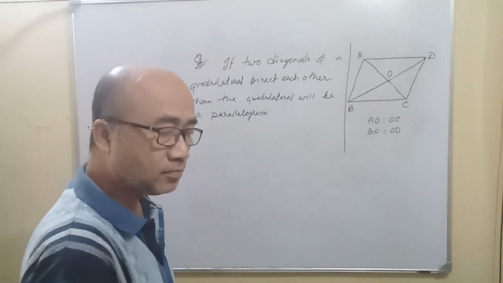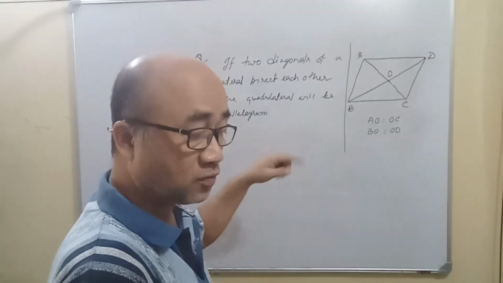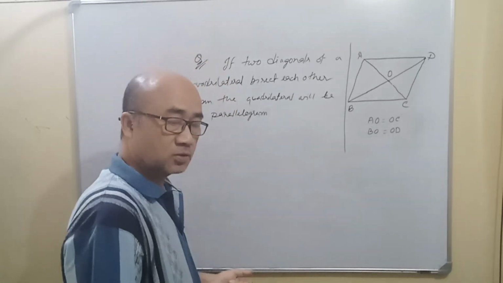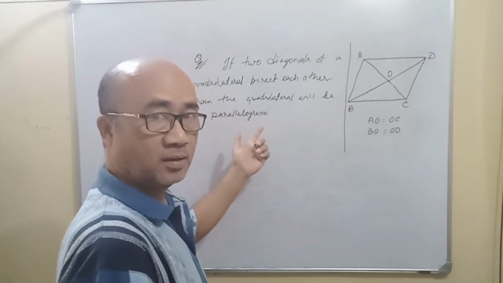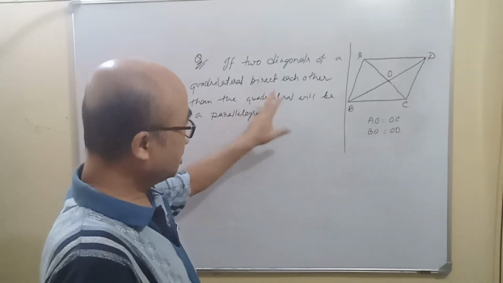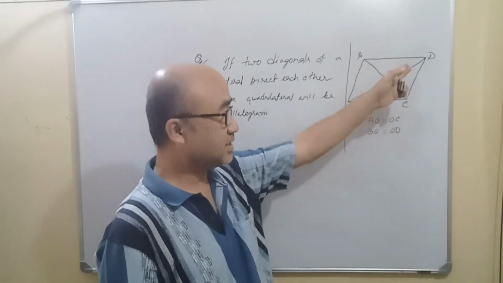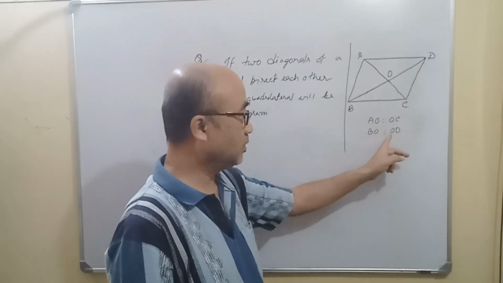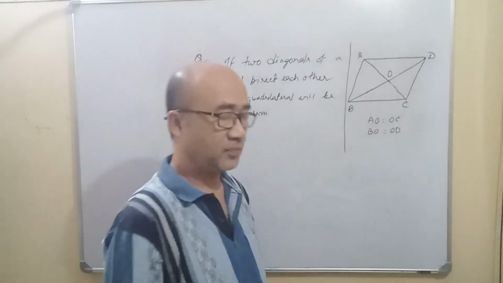Now we have to state and prove the converse of this theorem. So what is the converse? This theorem states that in a quadrilateral, if the diagonals bisect each other, meaning AO equal to OC and BO equal to OD, then it is a parallelogram.